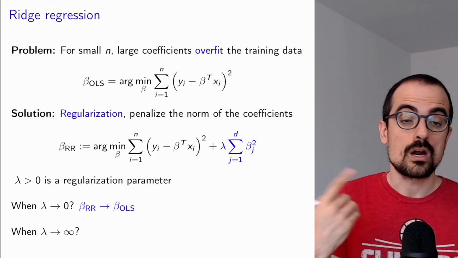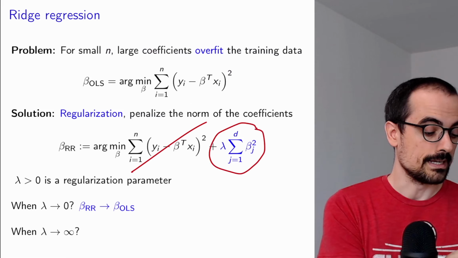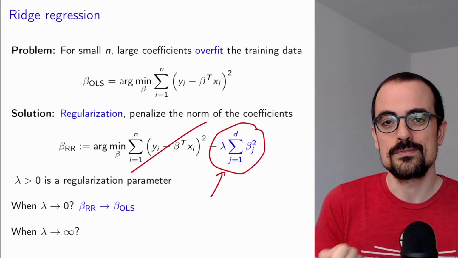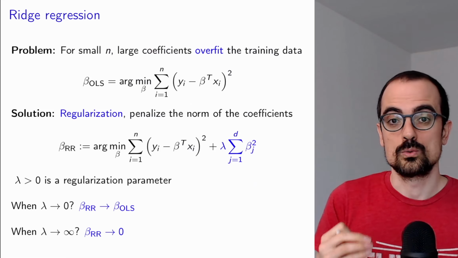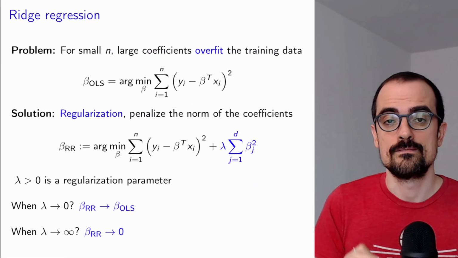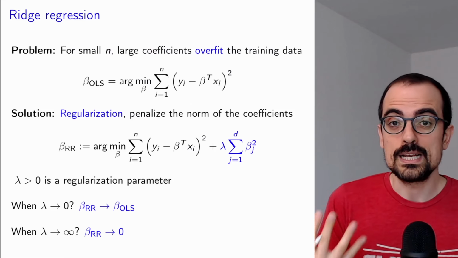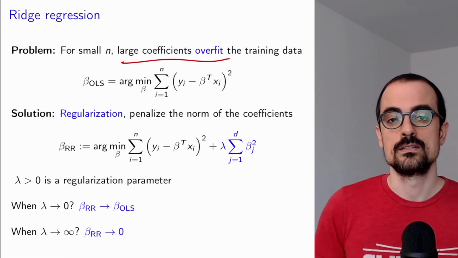If lambda is too large, though, then the training term won't matter anymore. We will just minimize this, and what's the best way of minimizing the sum of squared coefficients? Setting them all to 0. What we hope is that in between, for intermediate values of lambda, we manage to fit the training data without having large coefficients that overfit.